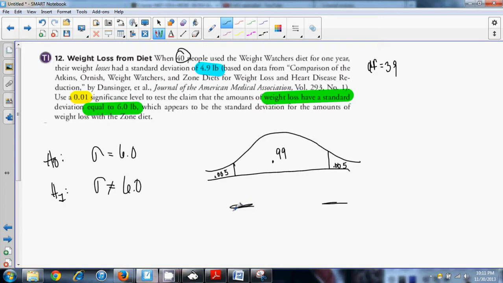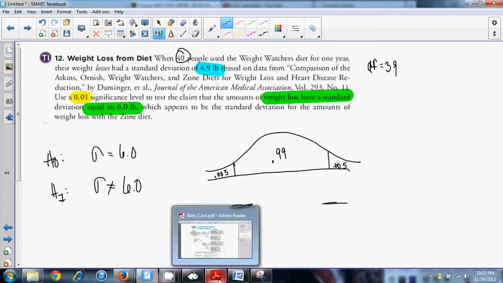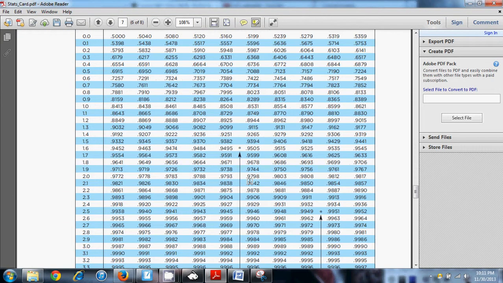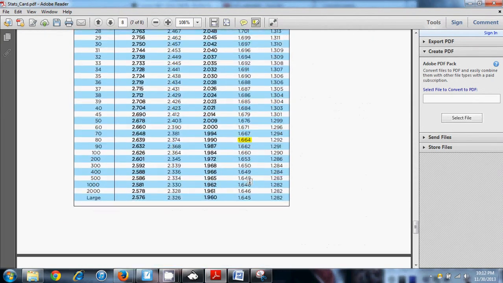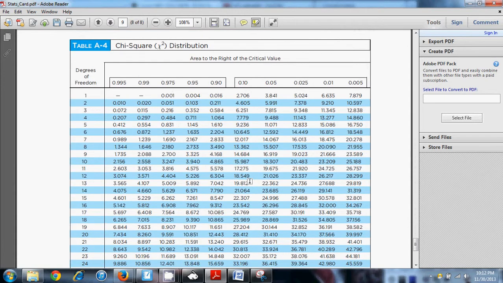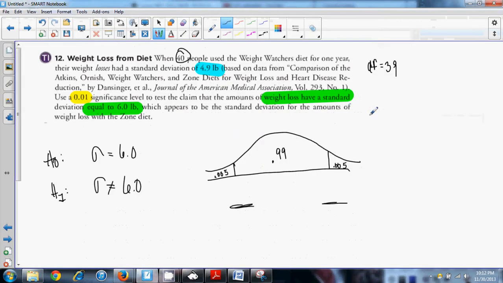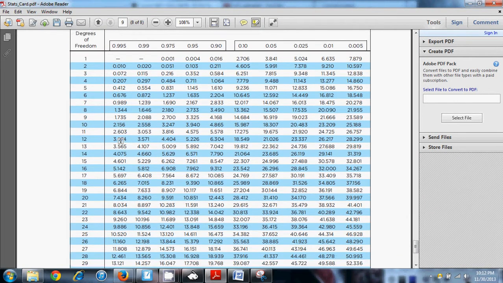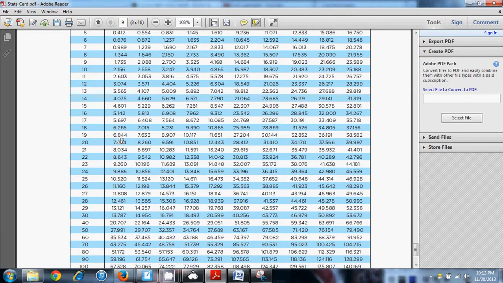To get these values, we're going to go to that same chart that we used for the critical chi values on the confidence intervals. And we're going to find those cutoffs. Now remember, this guy runs backwards. So to the right of the critical value over here is 0.995. So this first one is 0.995, and I have 39. Well, we don't have a 39, so we're going to use a 40.